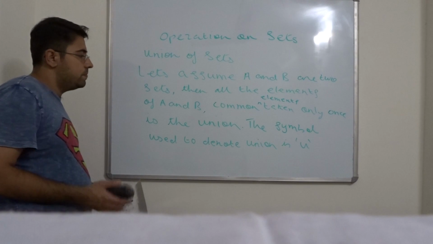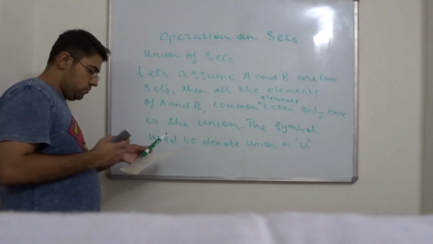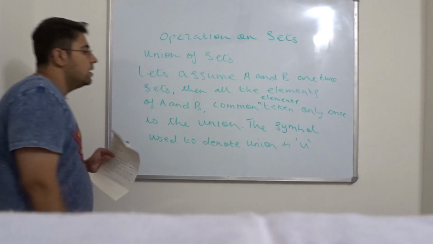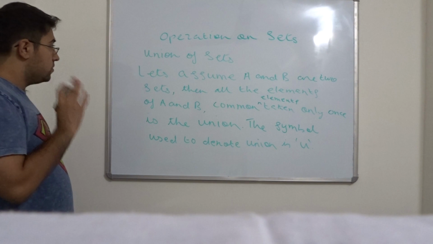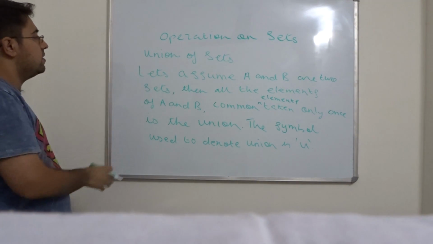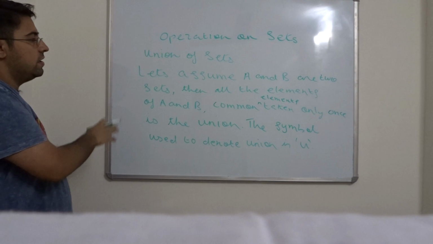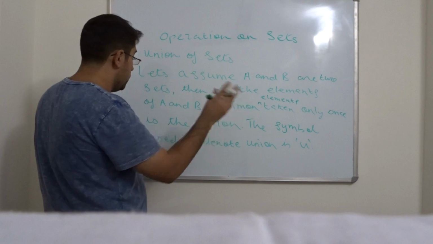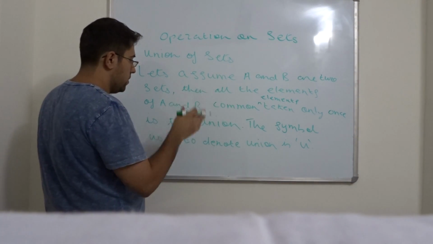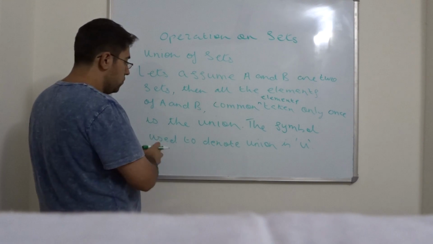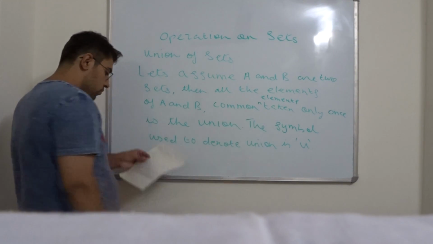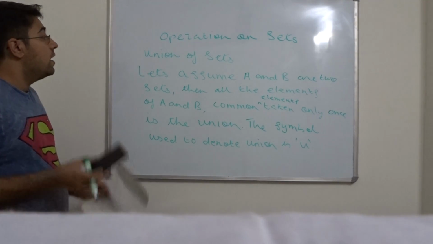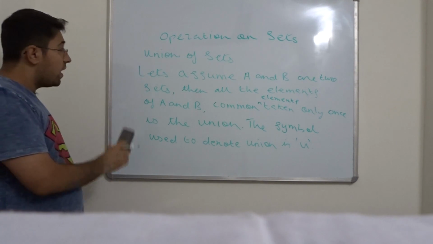So here we can put a full stop. Just remember the union of sets: let's assume A and B are two sets. Then all the elements of A and B, and then the common elements taken only once, is the union. The symbol used to denote union is U. Just write this down right now.